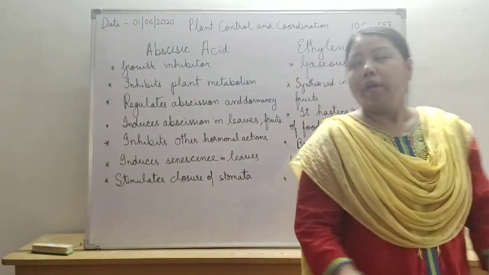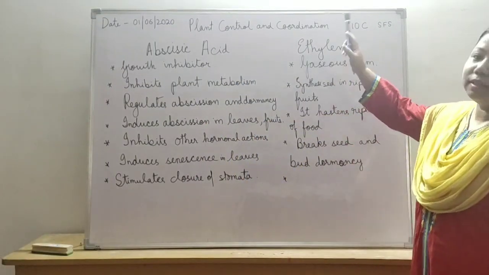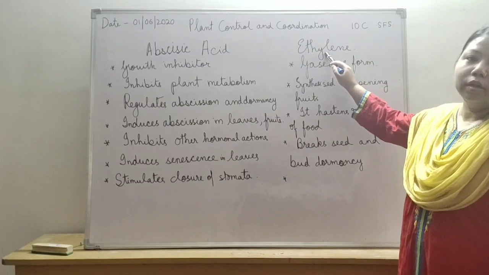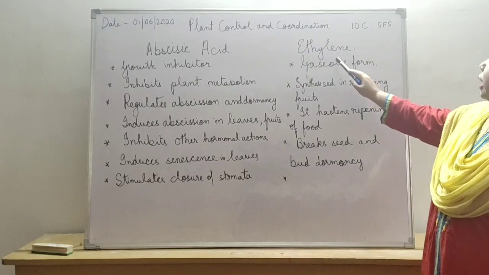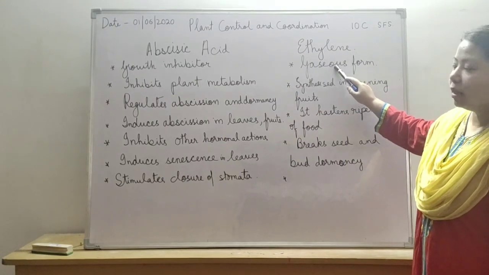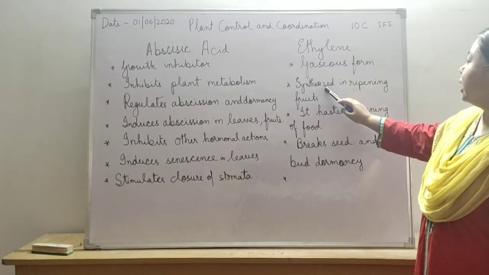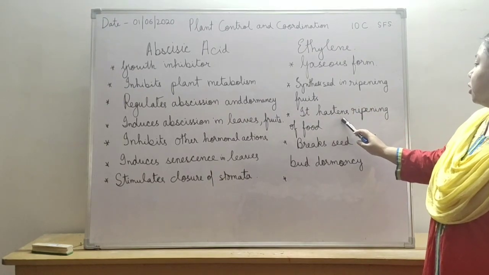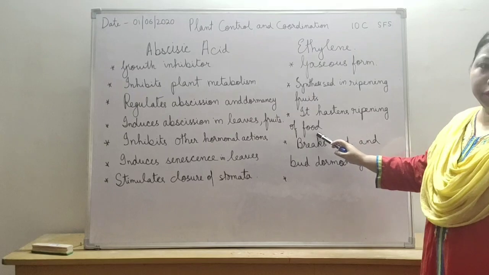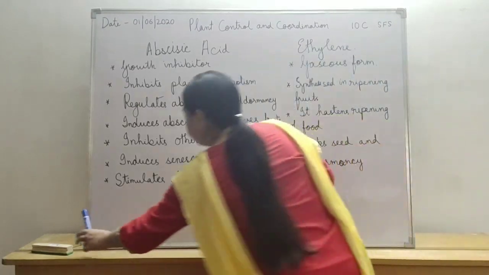Okay. Now ethylene is both a growth promoter and a growth inhibitor. Fine. So it is found in gaseous form and it is synthesized in ripening fruits. Yes. It hastens ripening of fruit.